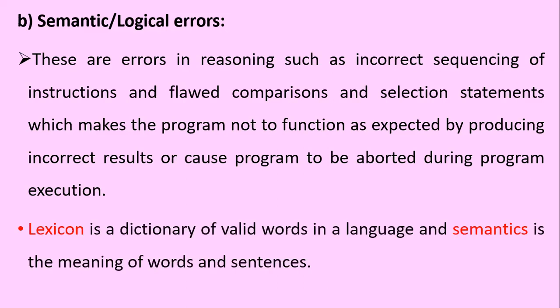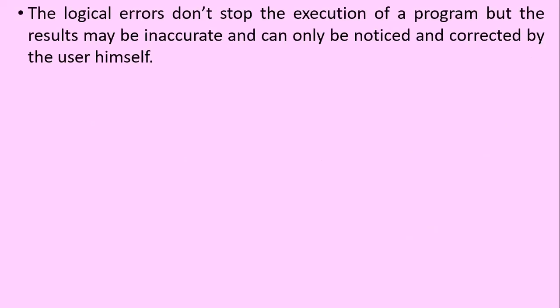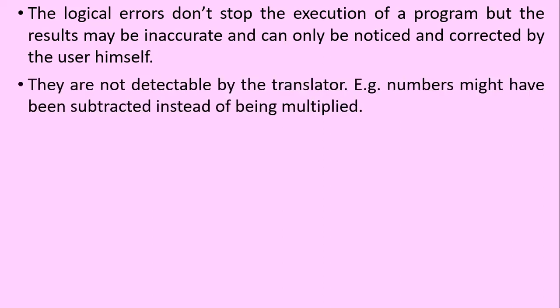Lexicon is a dictionary of valid words in a language, and semantics is the meaning of words and sentences. The logical errors don't stop the execution of a program, but the results may be inaccurate and can only be noticed and corrected by the user himself or herself. They are not detectable by the translator. For example, numbers might have been subtracted instead of being multiplied.